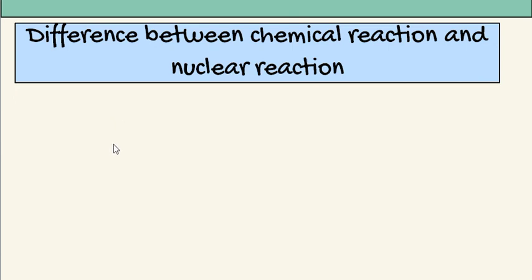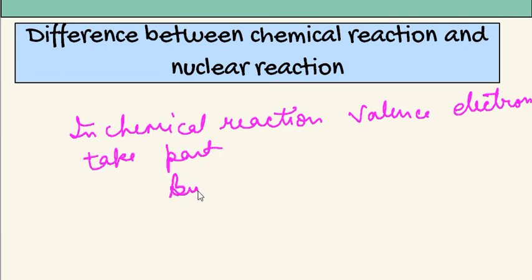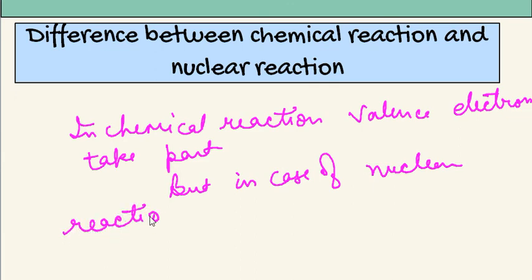In short, in a chemical reaction, valence electrons take part. But in a nuclear reaction, the nucleus takes part.